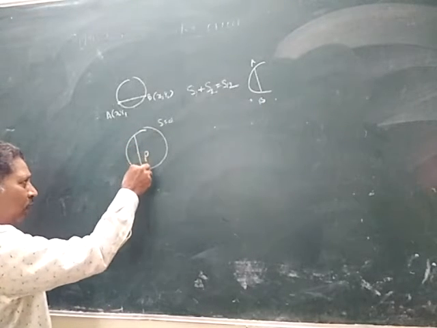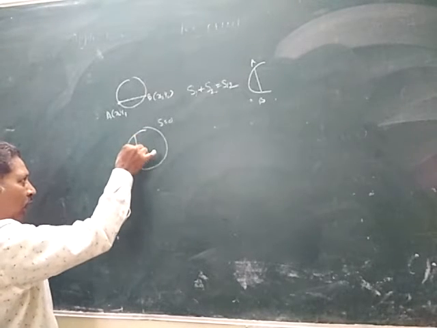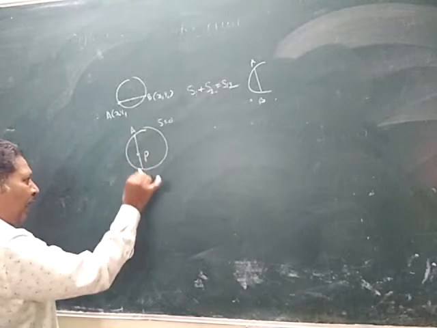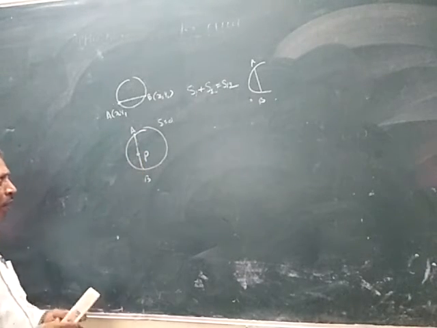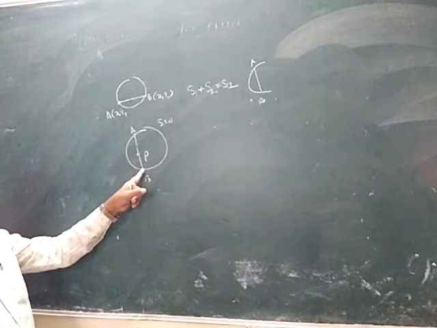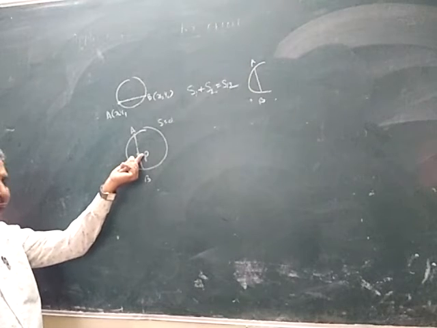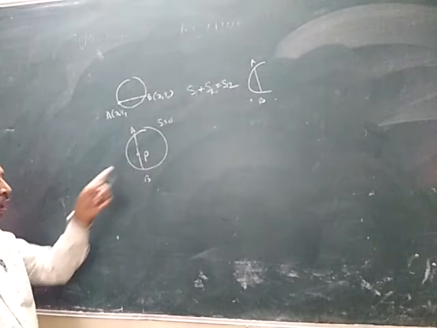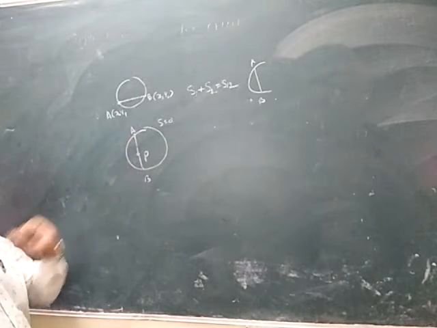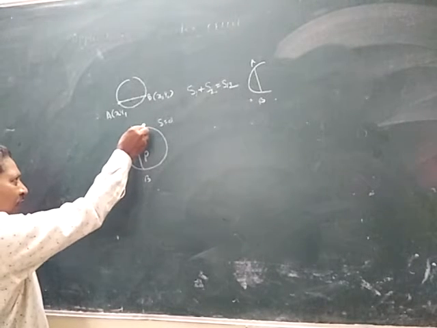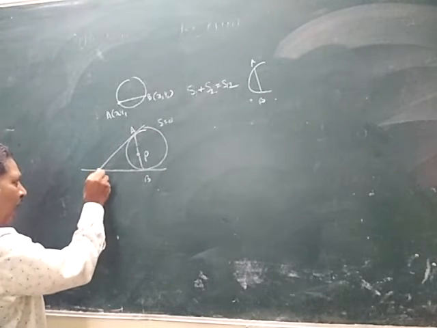This is a chord through P. This chord cuts the circle at A and B. Tangents are drawn at A and B, and they intersect at this point.